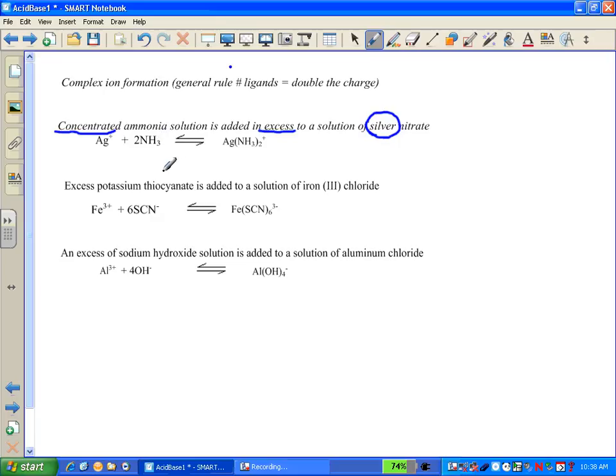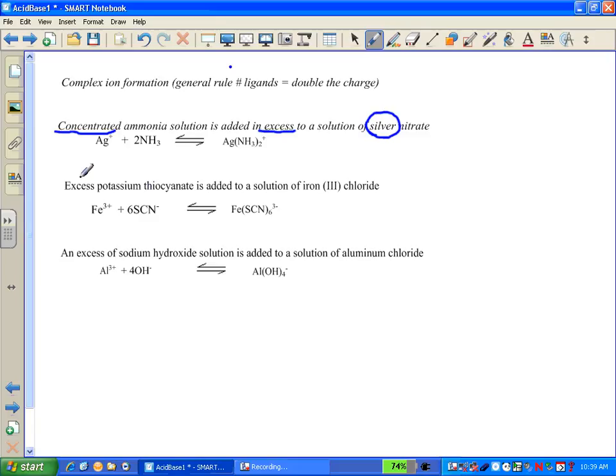If you were to follow the general rule and look at this example here of excess potassium thiocyanate being added to a solution of iron 3 chloride, what we would have is the Fe3+ being the transition metal. It's important that you recognize that potassium here is a spectator ion, and you know that because it's not one of the ligands.